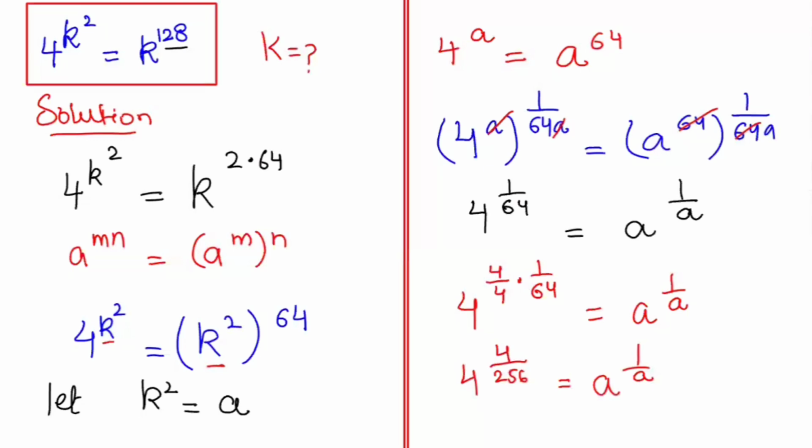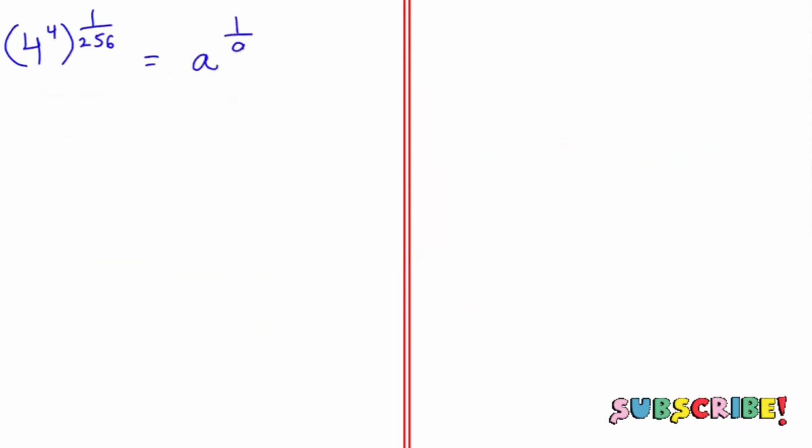Next I'm going to take that 4 power inside the bracket. So I'm going to write (4^4)^(1/256) = a^(1/a).